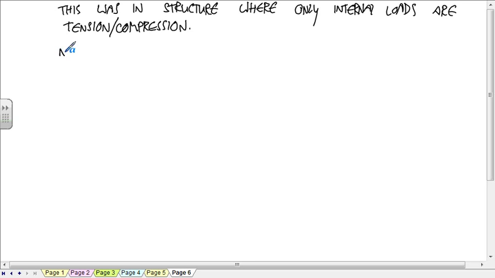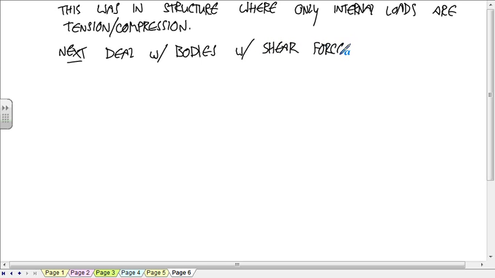So next, we're going to deal with bodies that have shear force and bending moments. And the first thing I'm going to do to talk about that is we're going to go back to internal loads. I know, you guys who took statics with me, we've already done internal loads, but we're going to do it again.